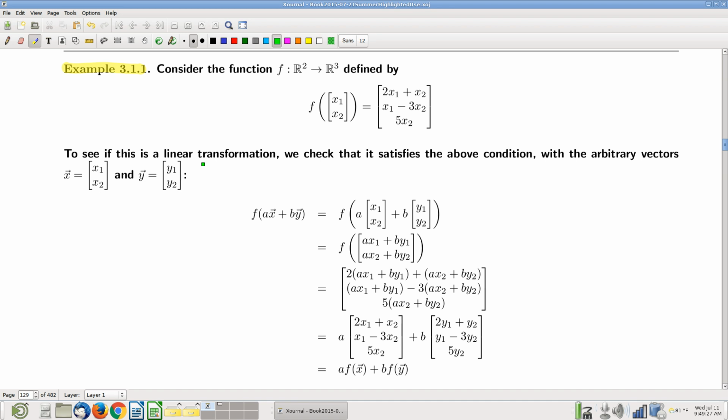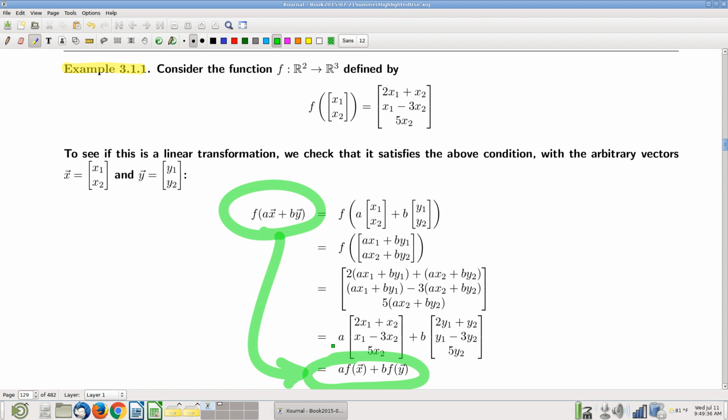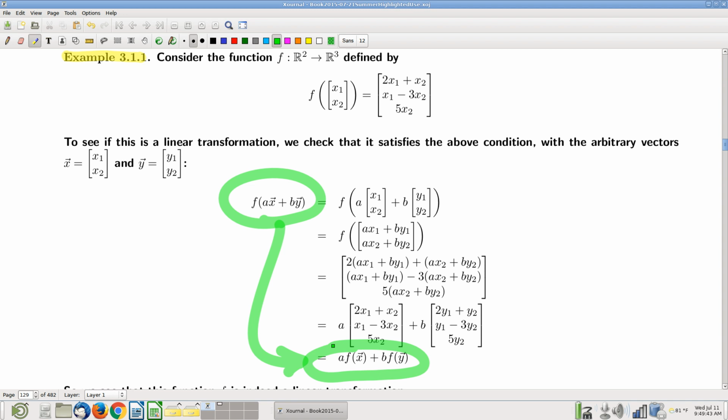We have to speculate on what happens when I put a linear combination of vectors into this function, and then I have to demonstrate that what I get out is the corresponding linear combination of the output vectors. So I need to show this turns into that. And you can see it works out, right? But anyway, we've got to go through these details.